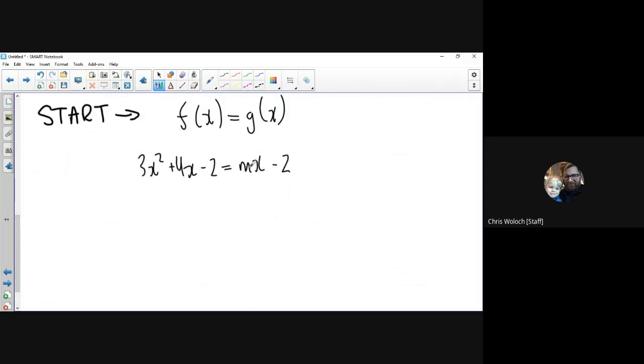Same deal: all the terms on the g of x side, I'm going to throw across to combine with f of x. So I have 3x squared plus 4x, and notice the mx is now with this term, which is a little weird because in the last example it was with the c term. Then I have minus mx, and the minus 2 becomes a plus 2, and this all equals 0.